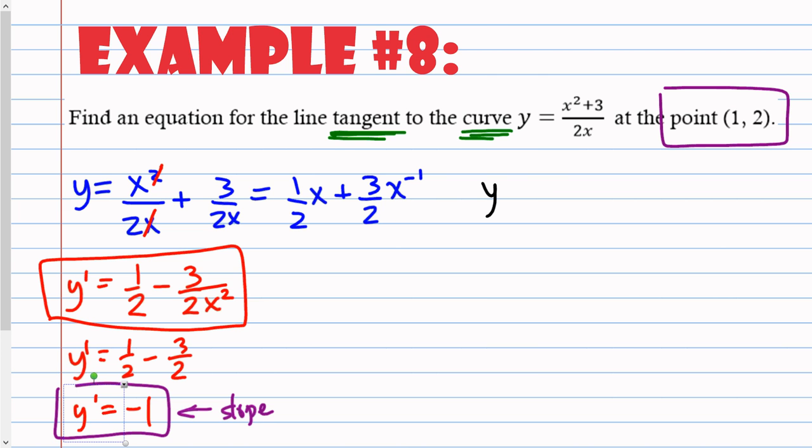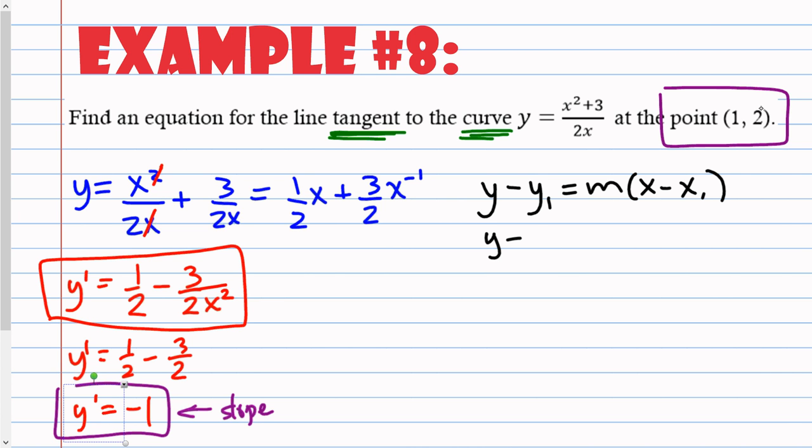Point-slope form. y minus y1 equals m times x minus x1. This is going to be your best friend in this class. Now, I can take this equation and leave it in point-slope form, or I can manipulate it and change it to slope-intercept form. It doesn't really matter. Either is correct.